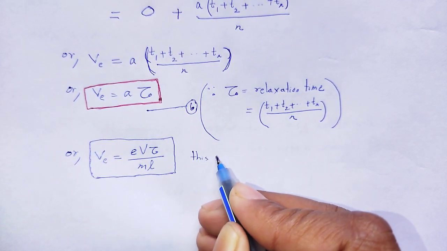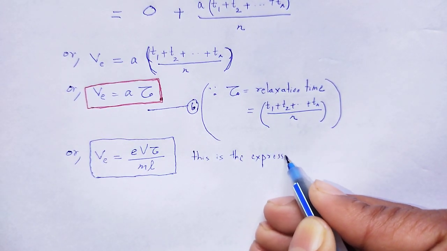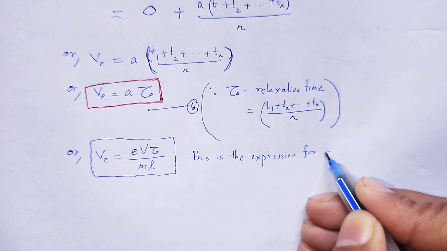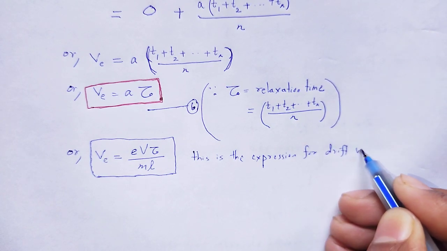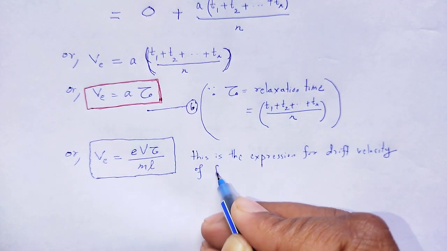This is the expression for drift velocity of free electrons.